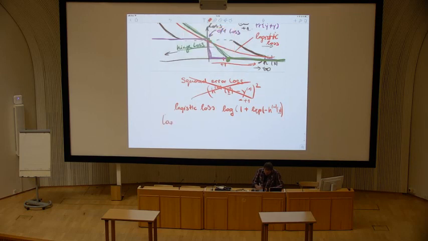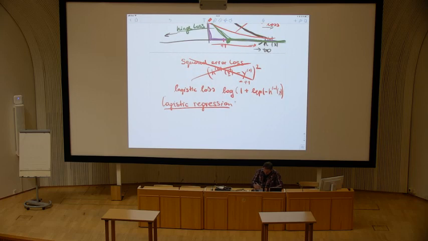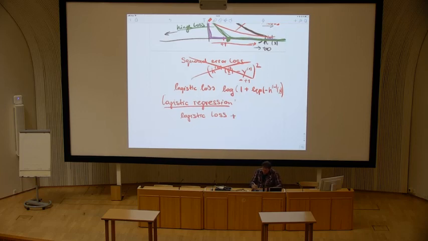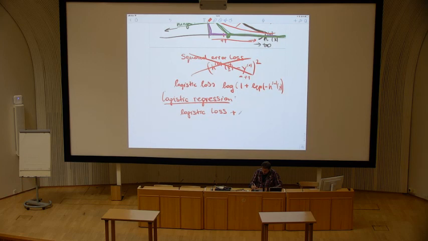So logistic regression is based on the combination of using logistic loss to evaluate a predictor, and using linear predictors of the form weight vector times feature vector.